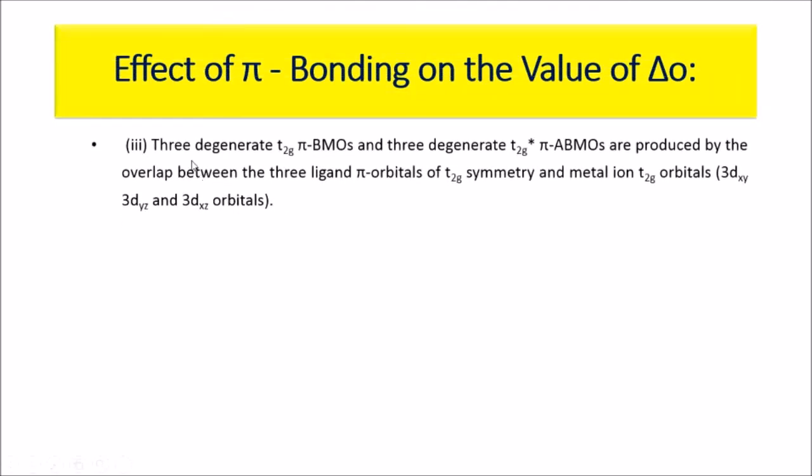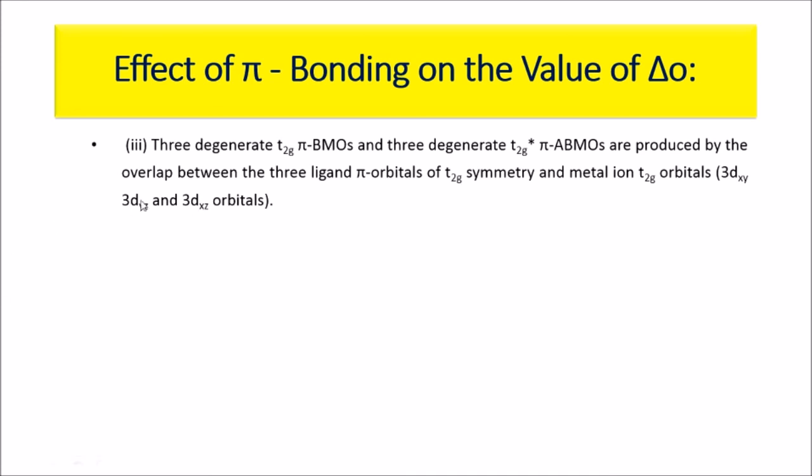And the third point, the 3 degenerate T2G pi BMOs and 3 degenerate T2G star pi ABMOs are produced by the overlap between 3 ligand pi orbitals of T2G symmetry and the metal ion T2G orbitals, that is XY, YZ and ZX. Always we know that in octahedral geometry or in a square planar geometry, the axial orbitals result in sigma interaction.